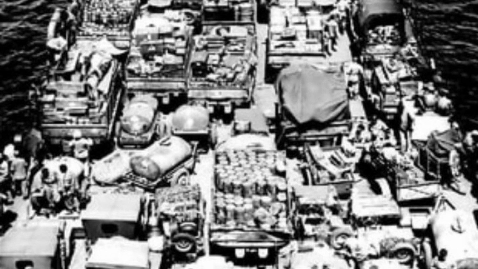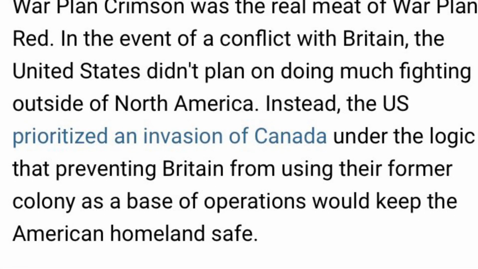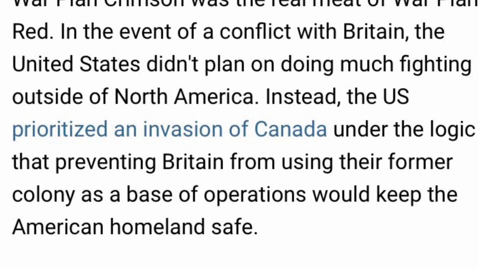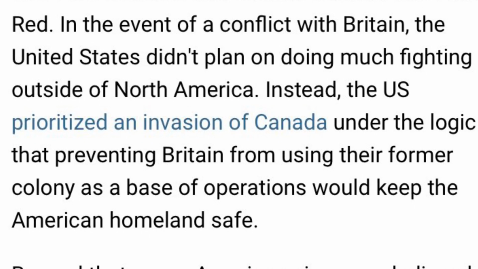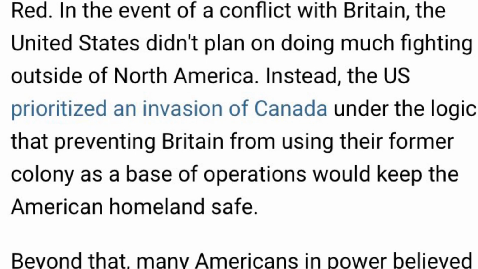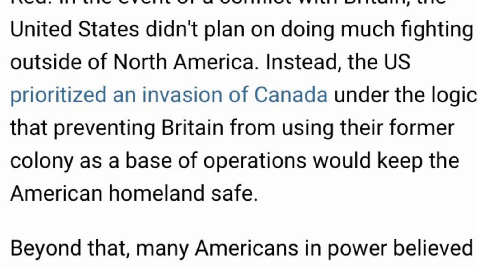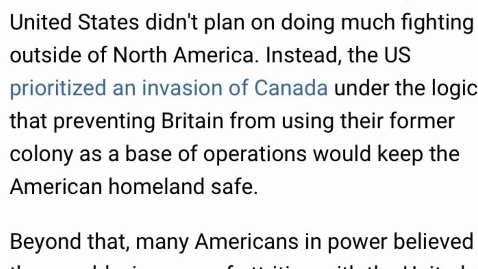Canada was the only real target in War Plan Red. War Plan Crimson was the real meat of War Plan Red. In the event of a conflict with Britain, the United States didn't plan on doing much fighting outside of North America.